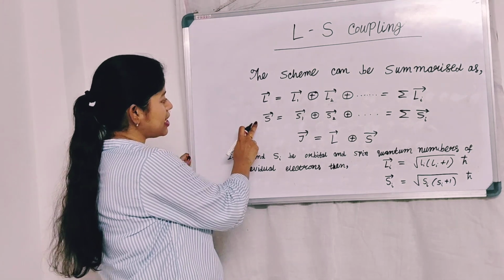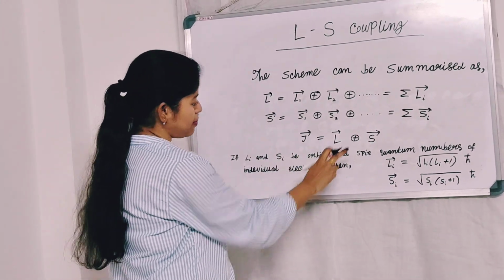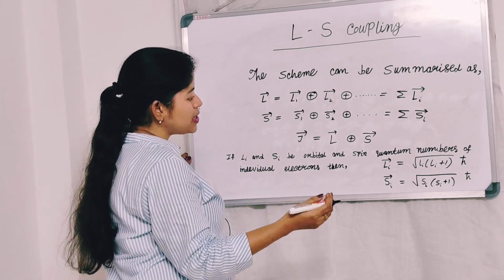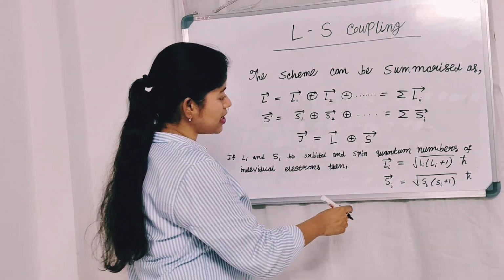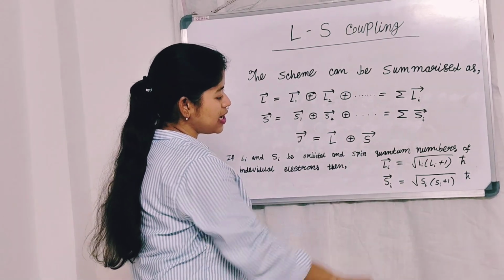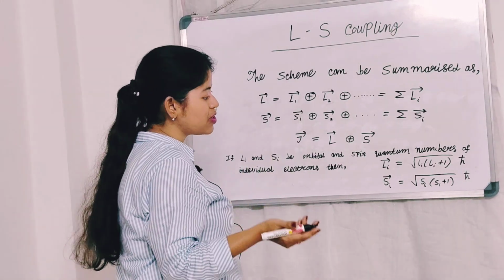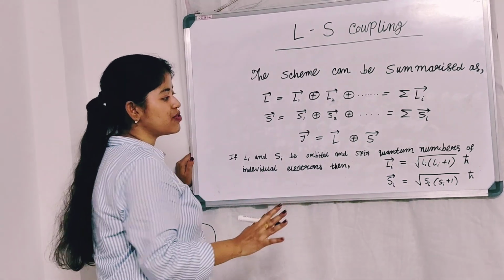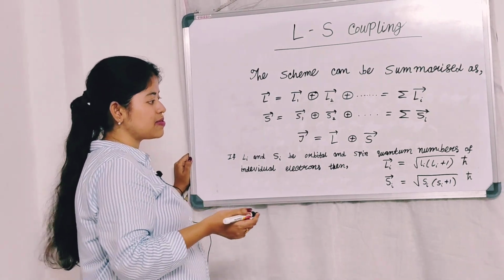This resultant L and S form the J value, that means J = L + S. If li and si are the orbital and spin quantum numbers of an individual electron, then |Li| = √(li(li+1)) ħ, and |Si| = √(si(si+1)) ħ. Here li and si are the individual orbital and spin quantum numbers.